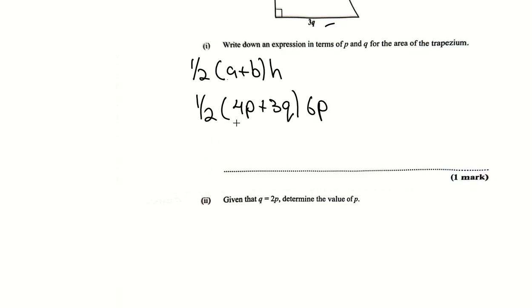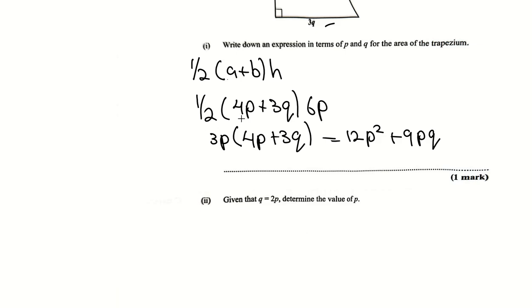So I'm going to multiply. Multiplication is commutative, it doesn't matter the order in which we multiply, you're supposed to get the same answer. So a half times 6p is 3p, so that'll be 3p times (4p plus 3q), which gives 12p squared plus 9pq. Or you could have multiplied 6 by each term here and then found a half.